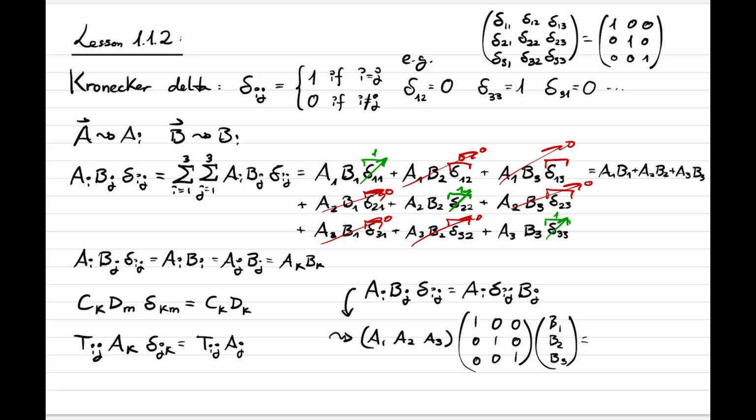So if we transform this into a matrix form, it will be something of this kind. And if you perform the operation, it's just going to be what we found previously. So this is the reason why it doesn't matter to write ai bi as a dot product, because here we have the identity matrix, and the identity matrix times a column vector is just the column vector, so this is as if this didn't exist.